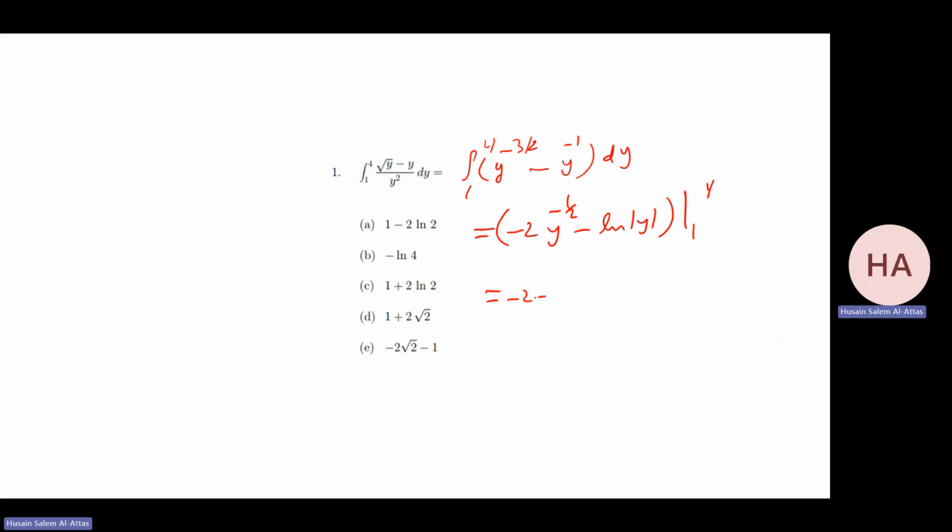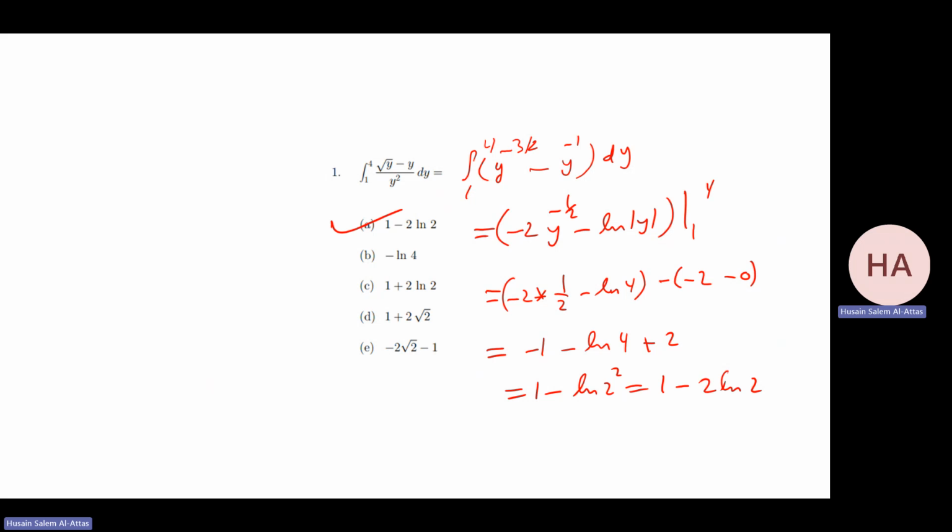So it will be minus 2 times half, minus ln 4, minus minus 2 minus 0. So that will be minus 1 minus ln 4 plus 2. So it's 1 minus ln 2 squared, which is 1 minus 2 ln 2, which is this.